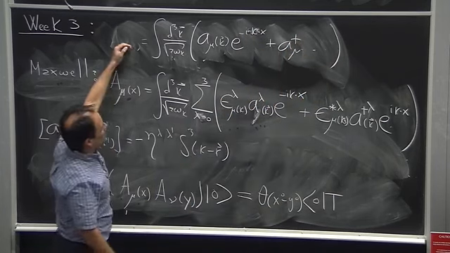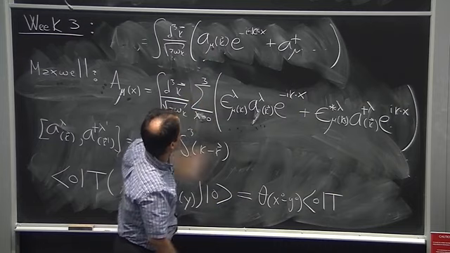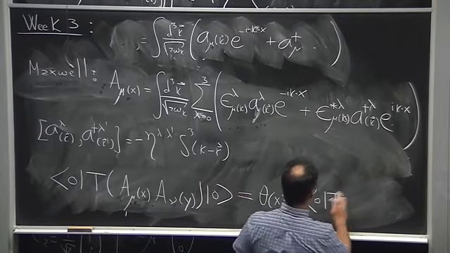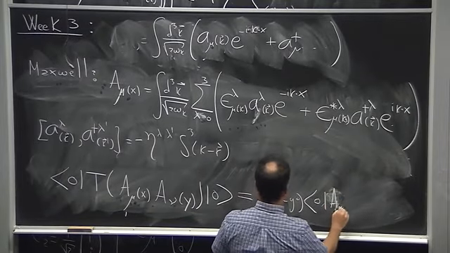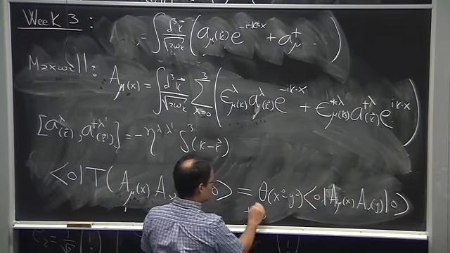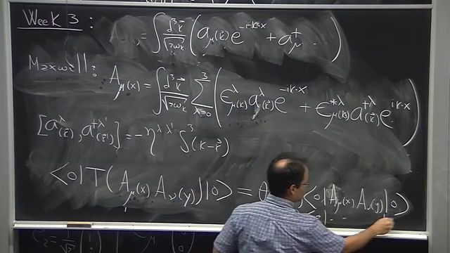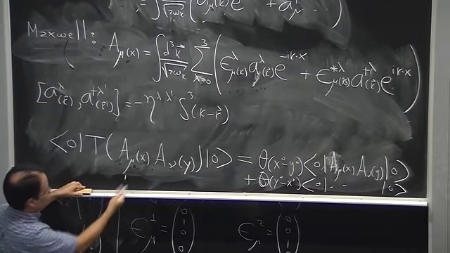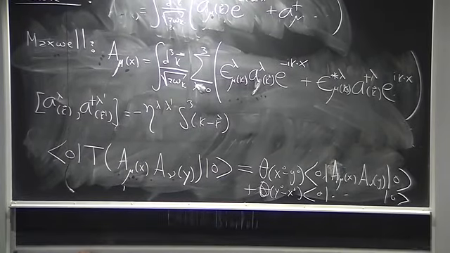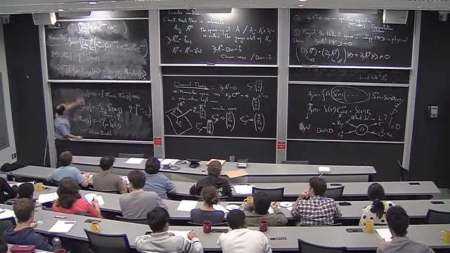Because now it's literally a collection of 4 scalar fields, 4 Klein-Gordon fields. So if you have a collection of 4 Klein-Gordon fields, the only thing that this object could be is literally the generalization of the Feynman propagator when you have several different fields that have different indices.